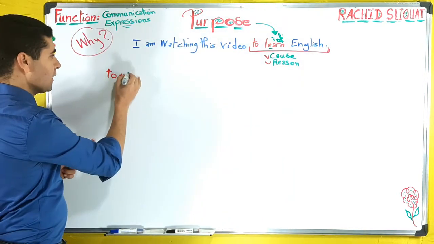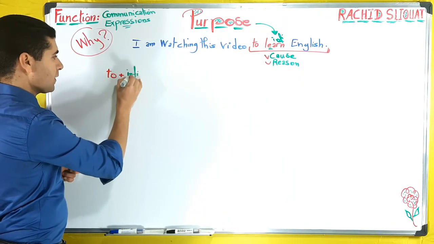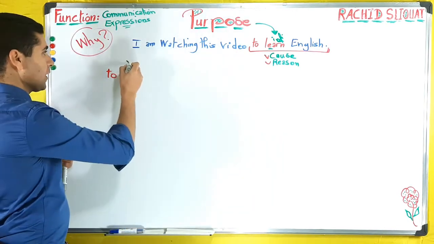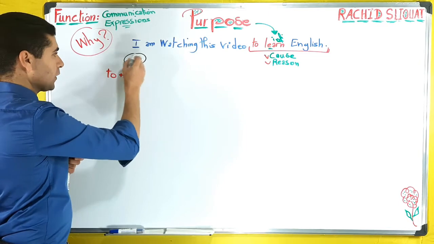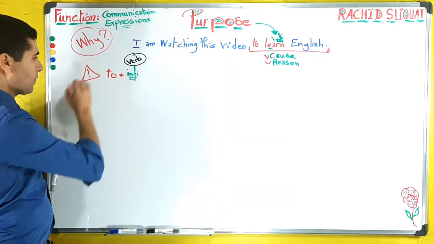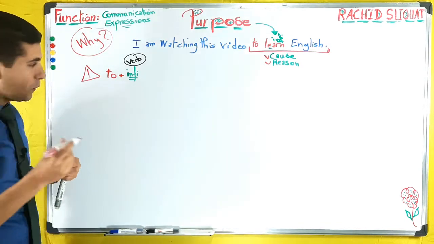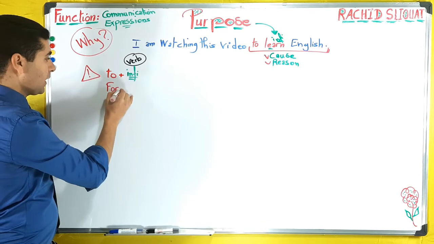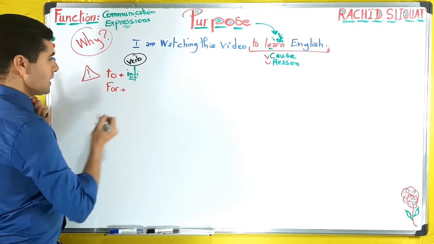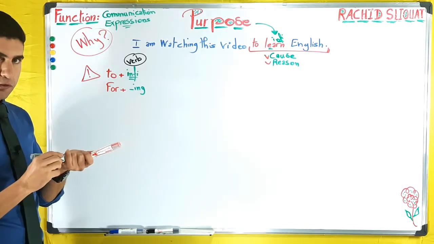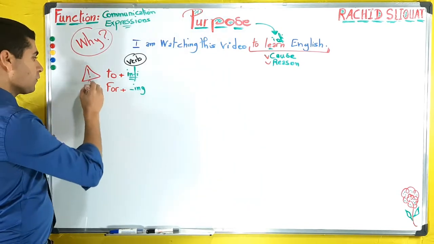So this is number one, to plus infinitive. We can also have something like "for" plus the verb in ing. This is number two.